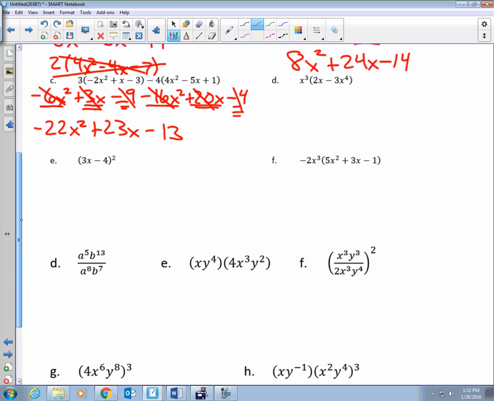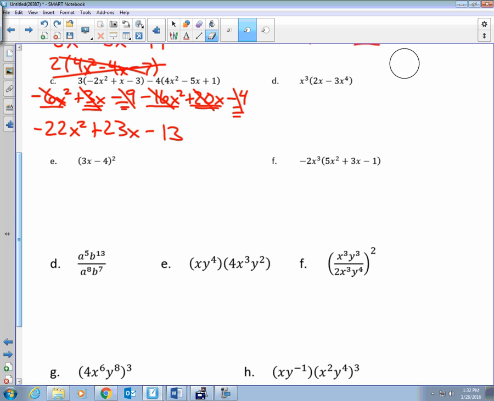Okay, how about D? What's the operation for D? Multiplication, right? I'm supposed to multiply those through. And when I multiply, what do I do with the exponents? Add. And the coefficients, you just multiply them. So the coefficient in front of x to the third is just 1. So 1x to the third times 2x will be 2, and then I add the exponents to get 4.